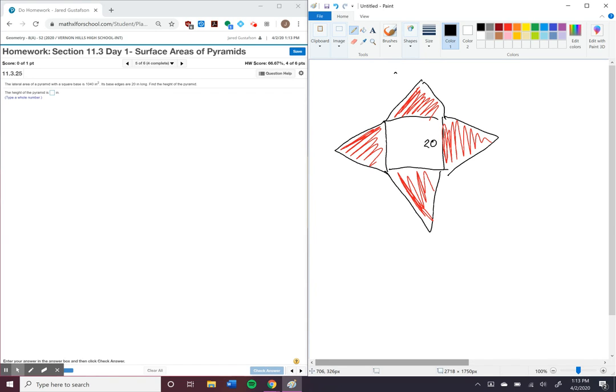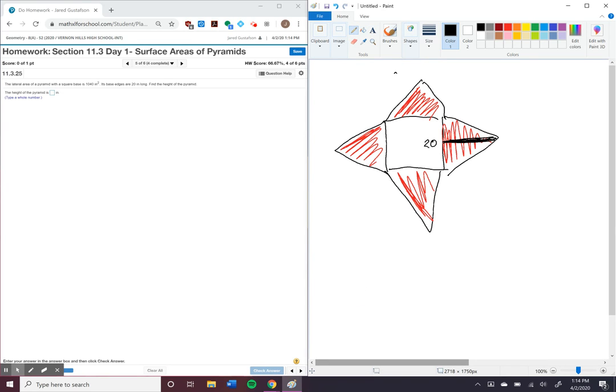We have to find the height of the pyramid. So we basically have to figure out the area of these triangles so that we can find the slant height. Because why would we need the slant height? Oh dear, that's not looking so great. Let's try that again.